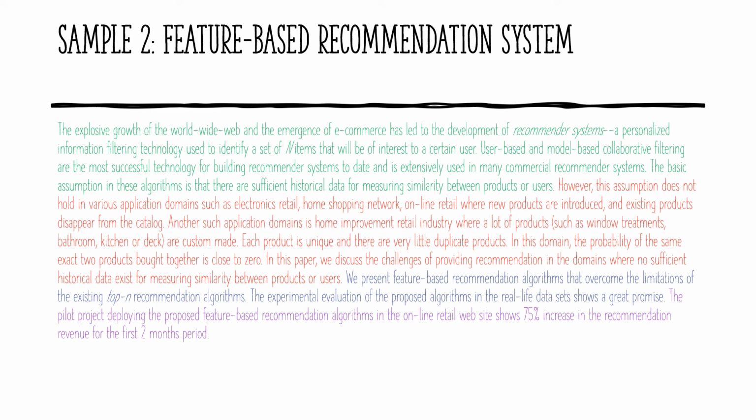That is the problem statement. So in this abstract, they have a problem statement. We present a features recommendation system algorithm that overcomes the limitations of the existing top-N recommendation algorithms. That is the method that they use. The experimental evaluations of the proposed algorithm on a real-life dataset show great promise. That is a kind of result.